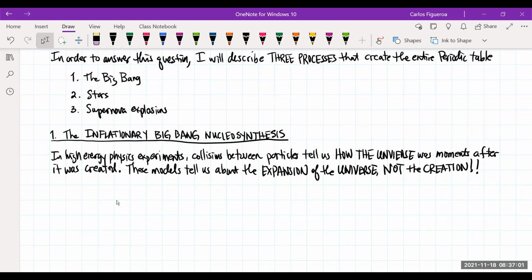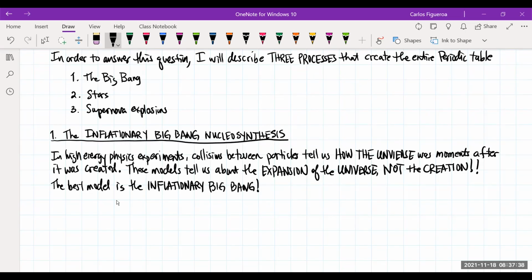I know that some people get really upset at this, and that's okay if you understand that this is about the expansion of the universe, not the creation. So without any doubt, the best model is the inflationary Big Bang. It's a very, very powerful model.